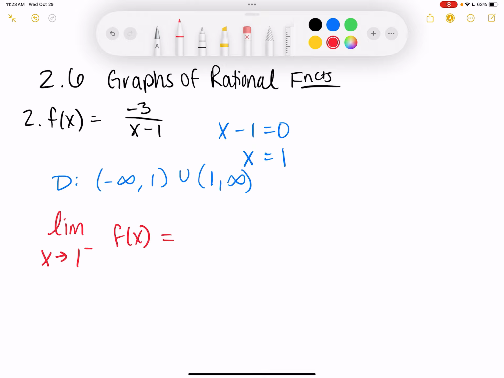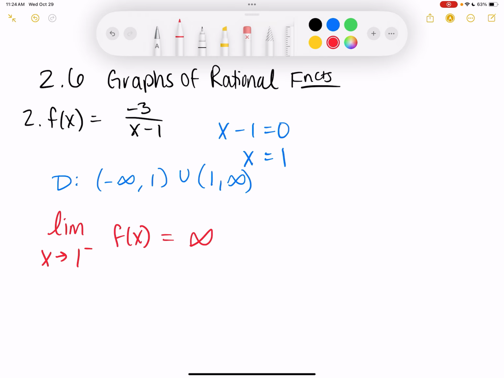I don't know, my calculator's not working. Minus 1. Negative 4.300,000. So, a really big number. Positive infinity. Okay.